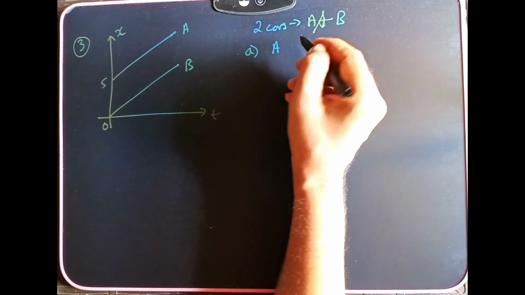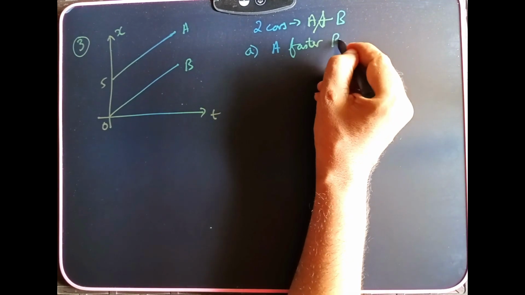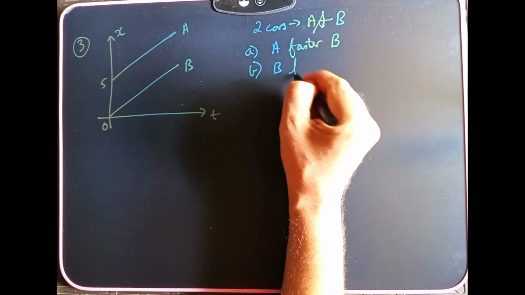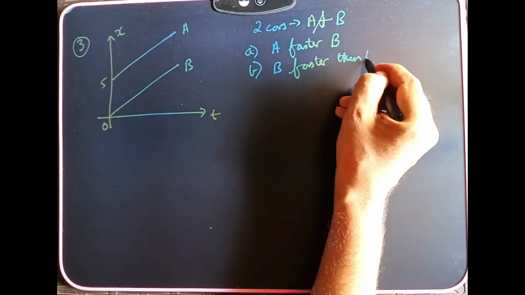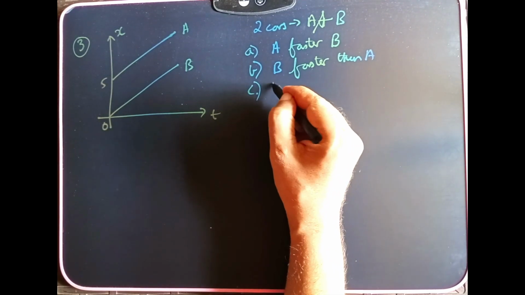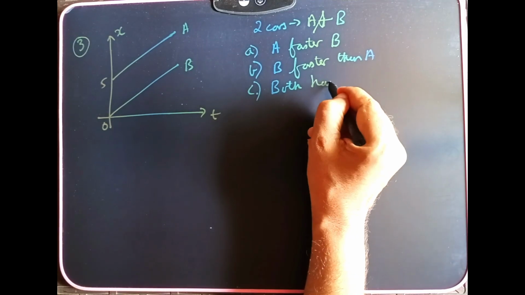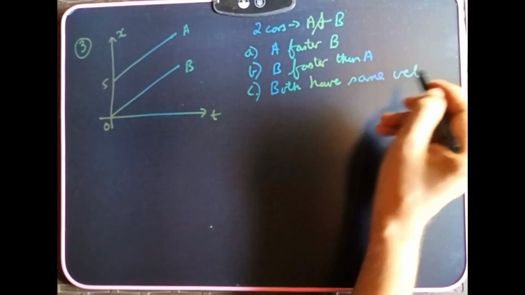Option A: A is faster than B. Option B: B is faster than A. Option C: both have the same velocity.